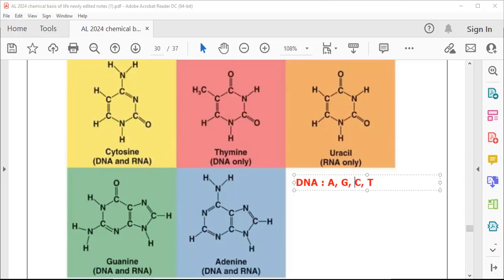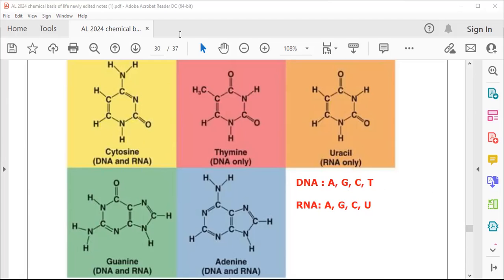Adenine, guanine, cytosine, and thymine. RNA: adenine there, guanine there, cytosine there, uracil there. Correct? Understood?